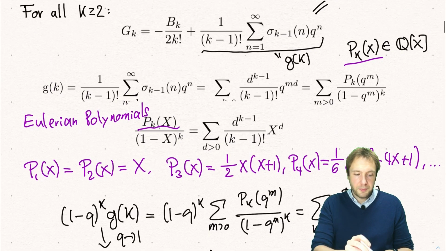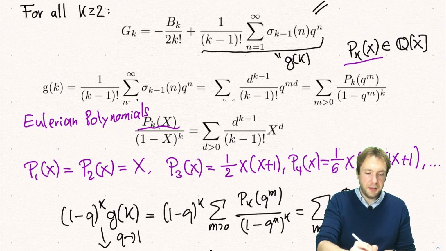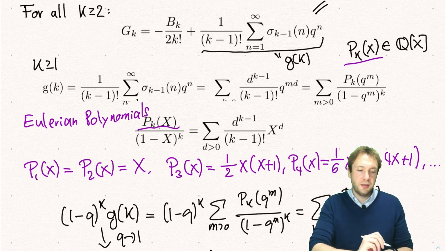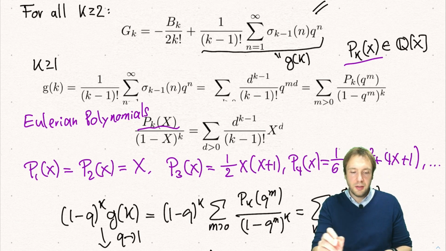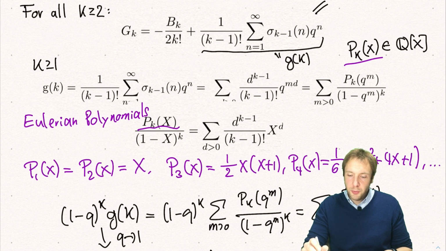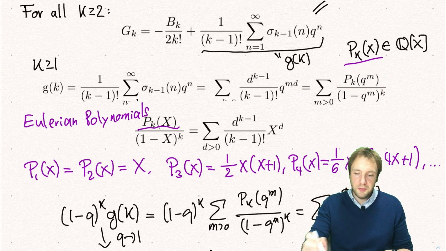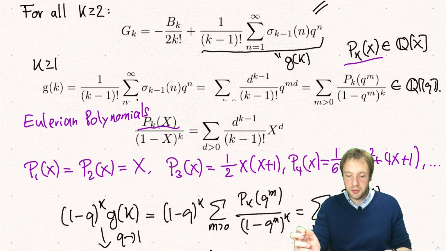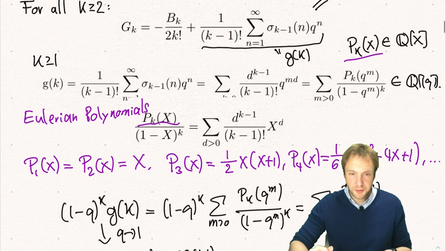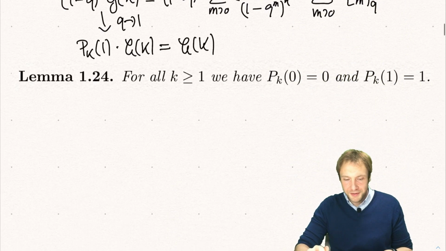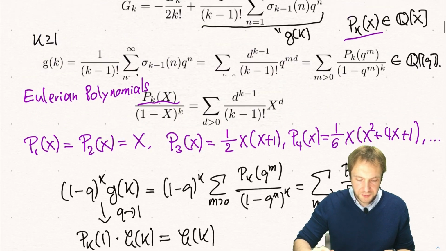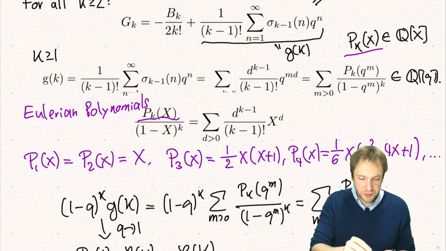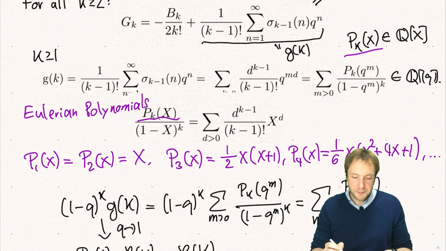So in other words, this g_k makes sense for any integer k greater or equal to 1, because if k is 1, then we still have some factor of q here, so these guys will always be some formal q-series with rational coefficients. Okay, so this is the definition of small g for one integer k.